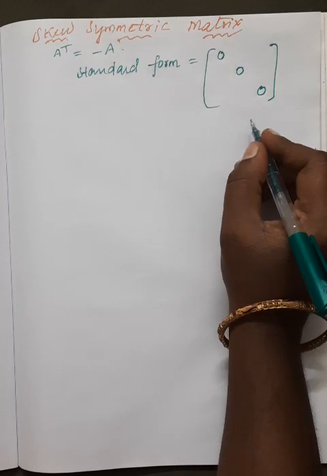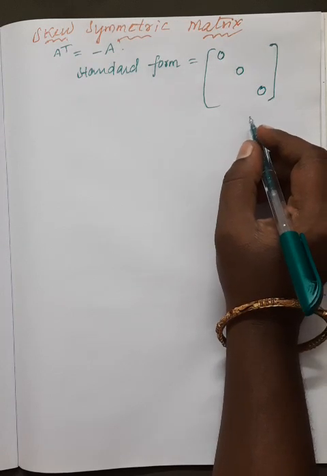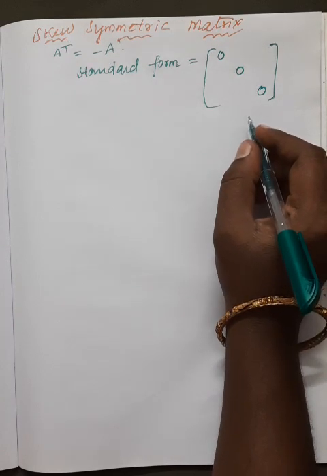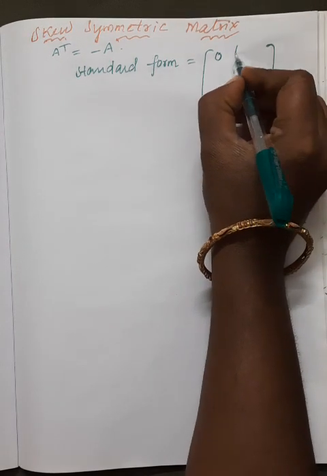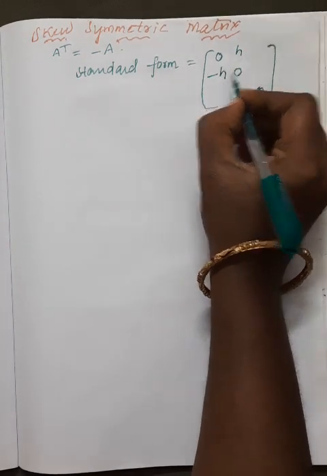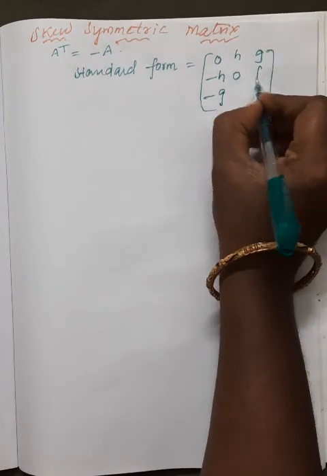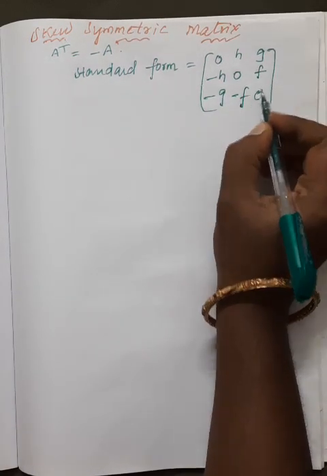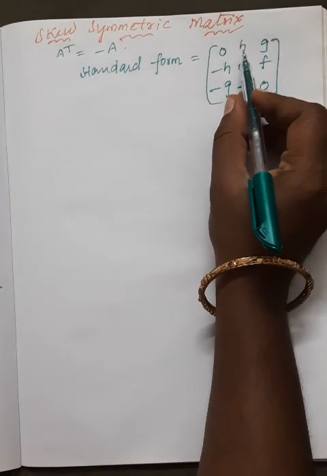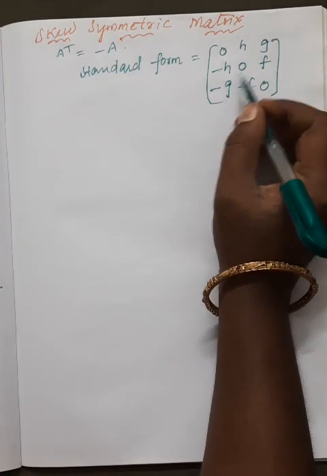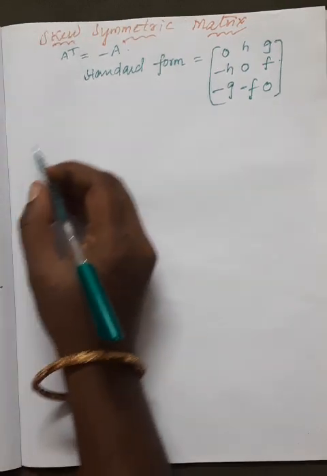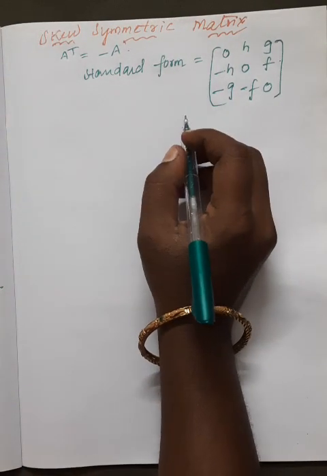In a skew symmetric matrix, all the diagonal elements must be equal to 0 only. So here H, minus H, G, minus G, F, minus F. Simply we can remember positive, negative, positive, negative, positive, negative. So this is the standard form for skew symmetric matrix.